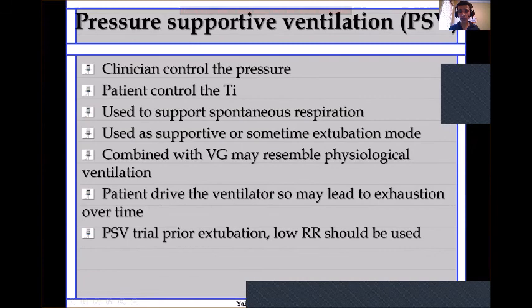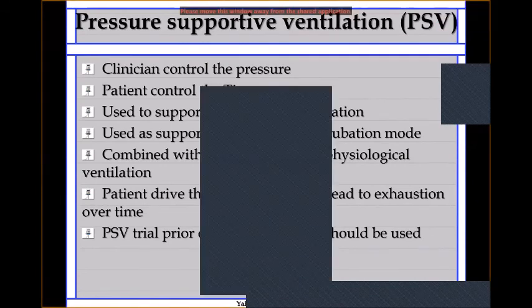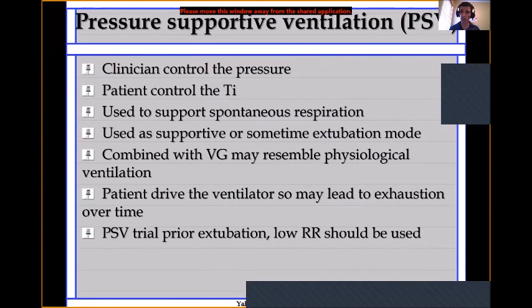And because the patient is controlling everything, it will be exhausting. He will be exhausted with time, and therefore you need to make sure that the patient is okay.